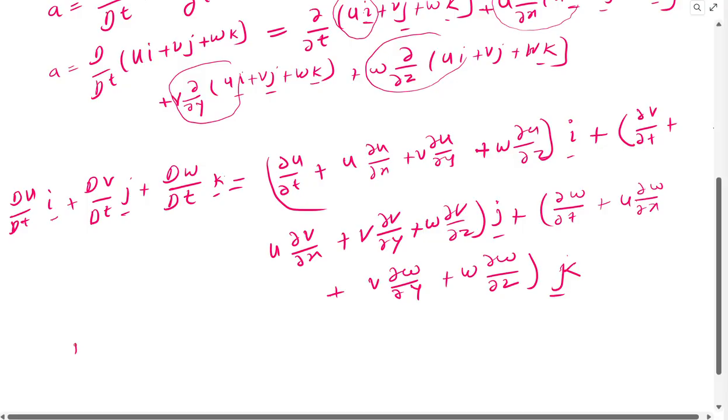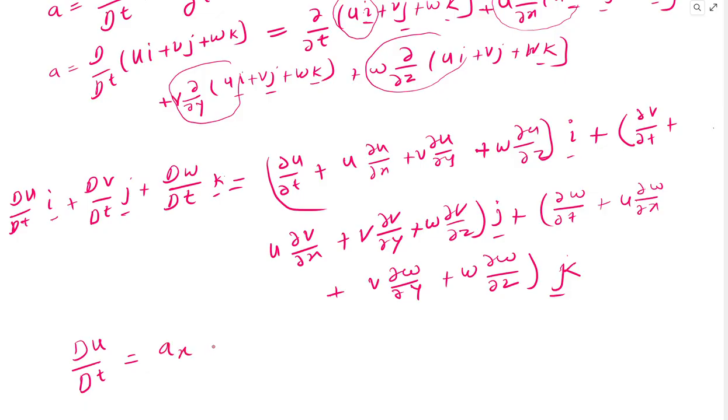So here I can write a_x, meaning acceleration in the x direction, equals del u by del t plus u del u by del x plus v del u by del y plus w del u by del z, right?